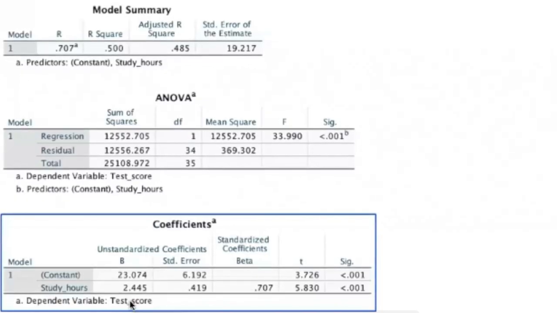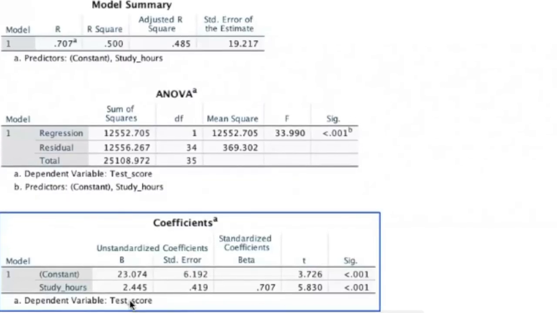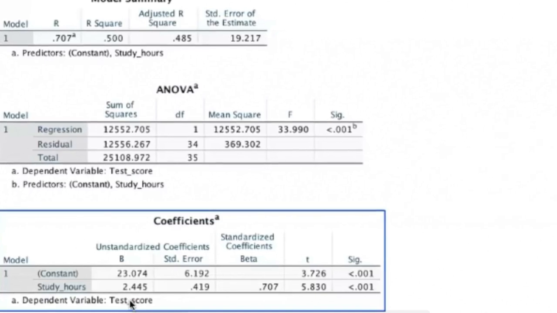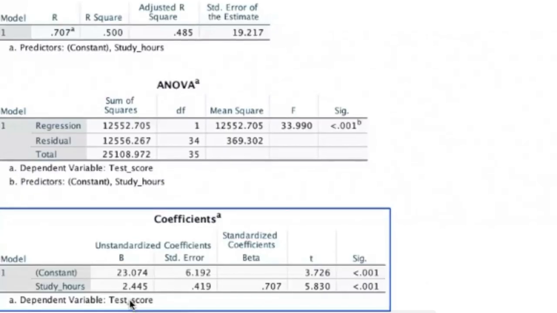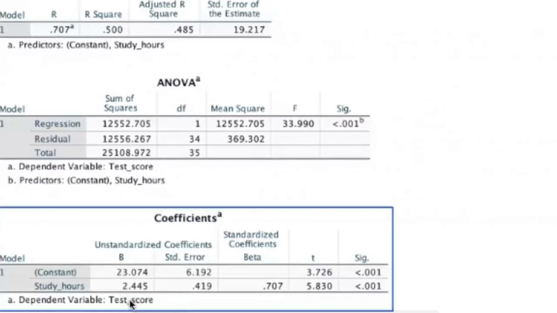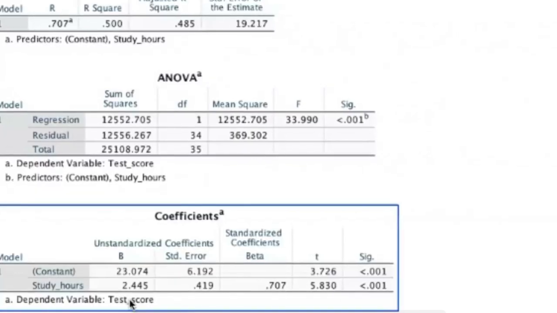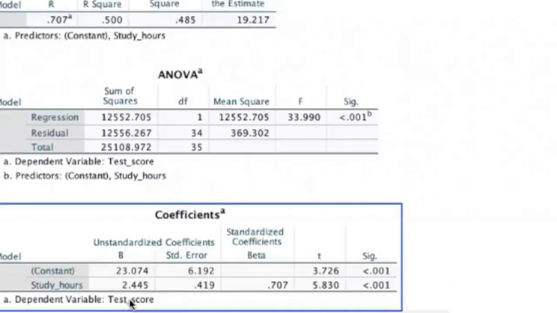So we're going to need the y-intercept, which we saw, these numbers are on coefficients under unstandardized b. So the y-intercept is the constant, which we see here is 23.074. And then we'll need the slope, which here is 2.445. So those are the things that we will need for this report coming up. So go ahead and let's go back to look at the questions.